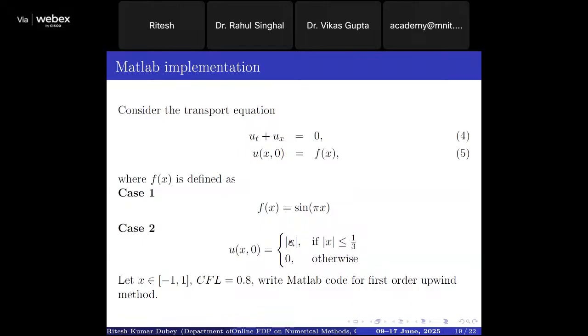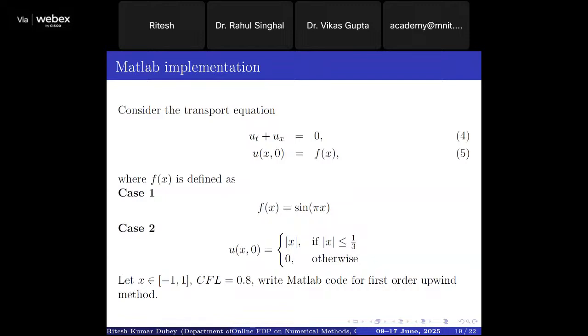We are taking a periodic boundary condition. So what we assume is that our solution or the initial condition is periodic in nature. So from -1 to 1, it has a square shape or sine wave. For example, sine pi x from -1 to 1 has the same structure as from 1 to 3, or from -3 to -1.